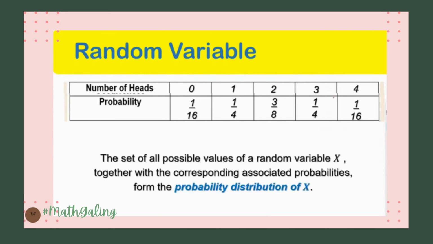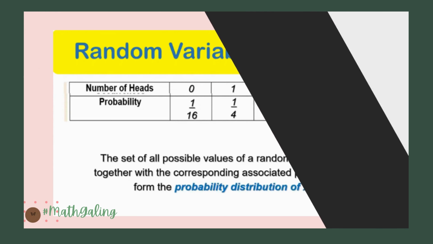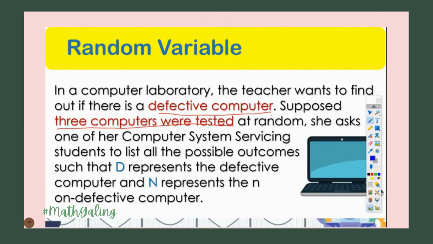It is the set of all possible values of a random variable x, the number of heads, together with the corresponding associated probabilities. Together, these two form the probability distribution of x. Okay, now let's have another example.